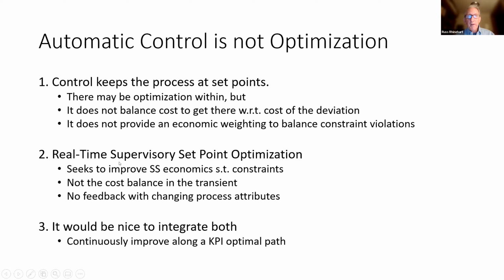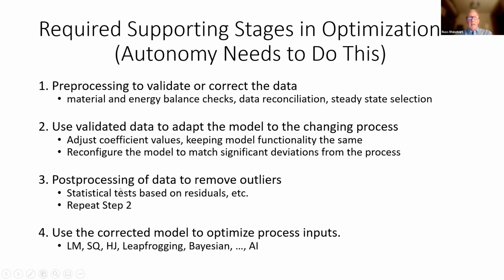On the other hand, part of control, we have real-time supervisory set point optimization. This usually uses steady state models and steady state economics subject to constraints to find the set points. But these are steady state models and they don't balance the cost of the transient or the time to get back there. It just says, get to this point, but I don't know how you're going to do it. So it would be very nice to integrate both control and optimization in here.